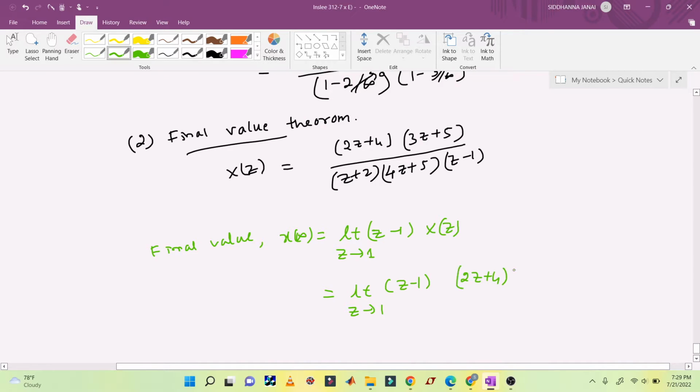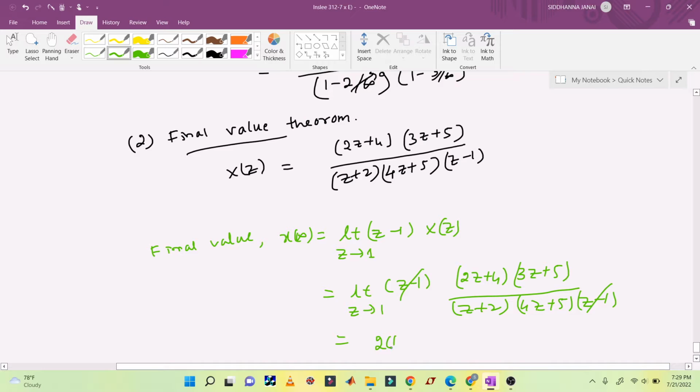2z plus 4, 3z plus 5, z plus 2, 4z plus 5, z minus 1. So z minus 1 and z minus 1 will cancel out. You can now substitute z tends to 1.